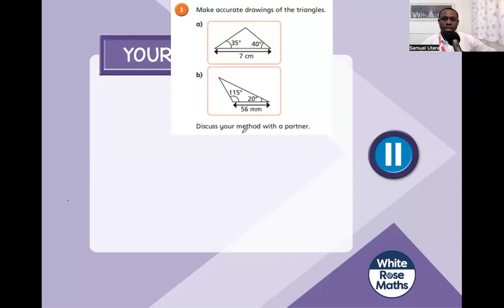And then next, you would draw 115 degrees on the left-hand side of the line. Draw the line as long as you can. Next, you will measure a 20-degree angle on the right-hand side of the line and draw the line as long as you can until it meets this other line. Leave your construction lines in.